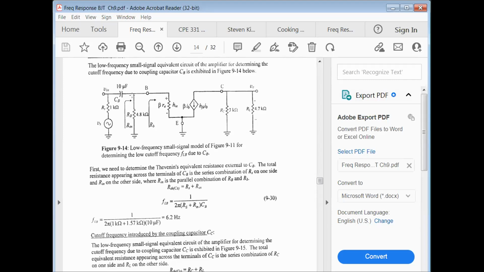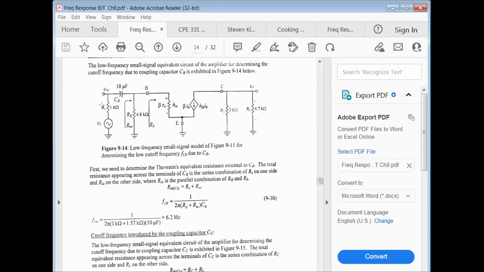RN is this resistor in parallel with beta RE, plus RS, assuming that this voltage source is also 0.